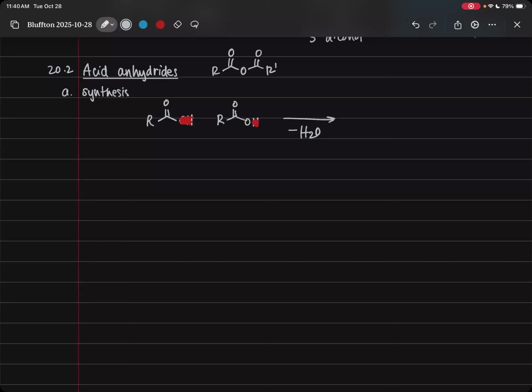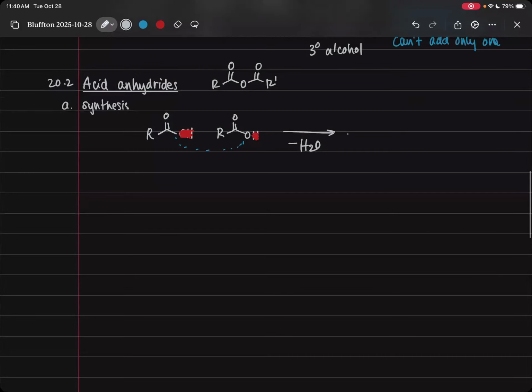Okay, and now we just kind of attach those two. This is not a mechanism. I'm just kind of showing you where the molecule comes from. We would get something like this. It's our acid anhydride.